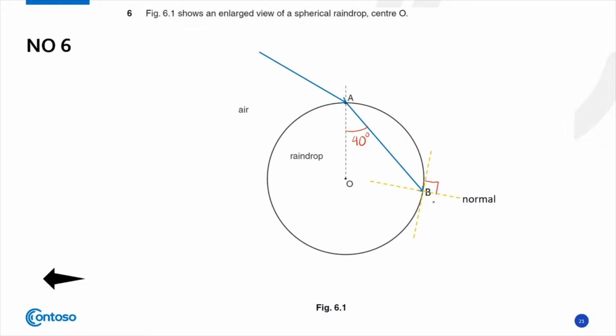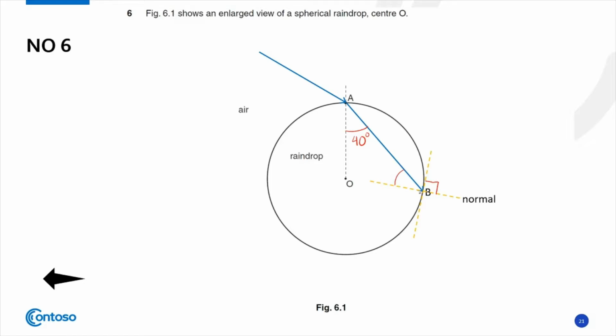After we get the normal, measure the angle between the normal and the incident ray. This one. This ray now becomes the incident ray for this part of the spherical raindrop. So, the angle between the normal and the incident ray is the angle of incidence for this part of the spherical raindrop.